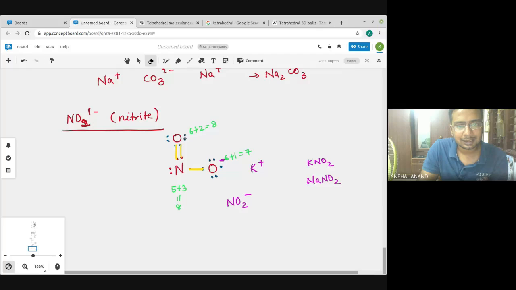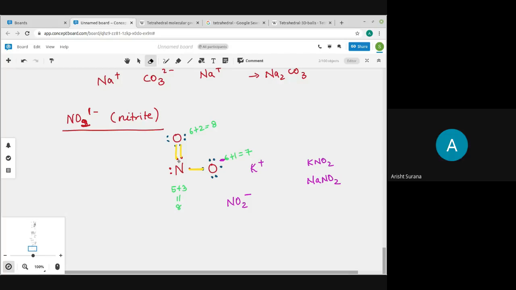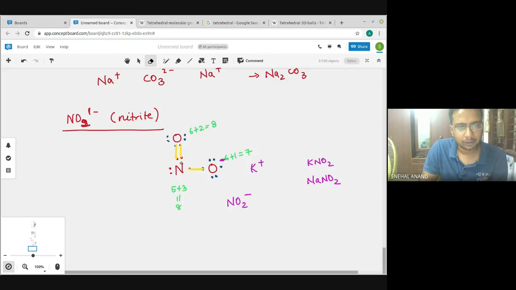And this oxygen gets 6 plus 2, which is a total of 8. This oxygen gets 6 plus 1, which is a total of 7. It still needs one more, so it will take from some metal cation or some metal and form an anion. So that is why this NO2 has just taken 1 electron. The rest it is sharing inside. Is that fine? Yes, sir. So that is how the nitrite looks, NO2 minus.